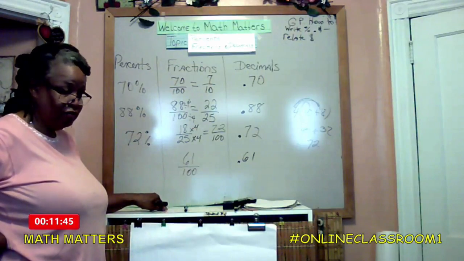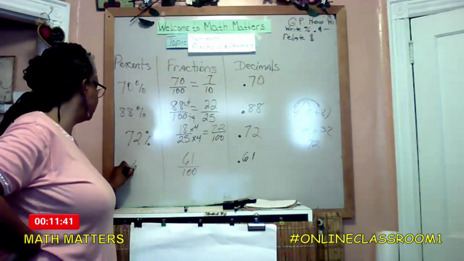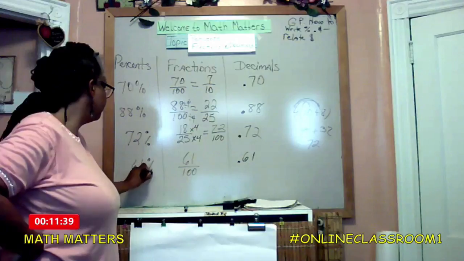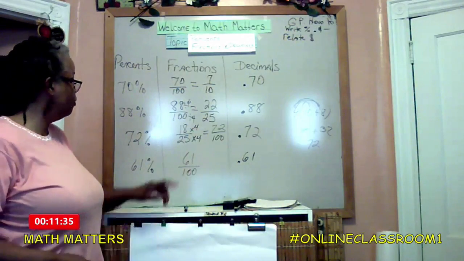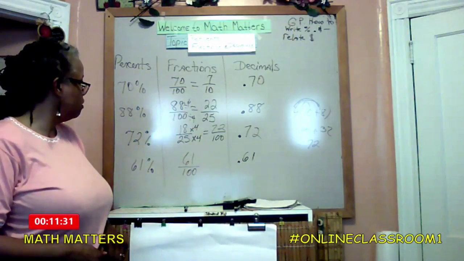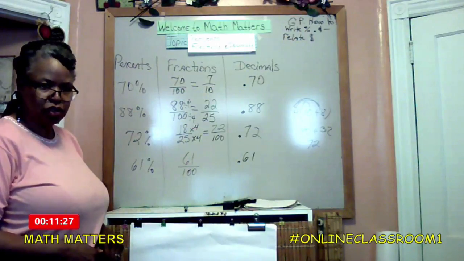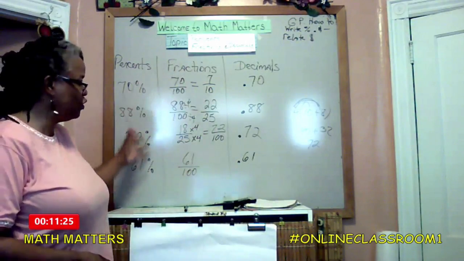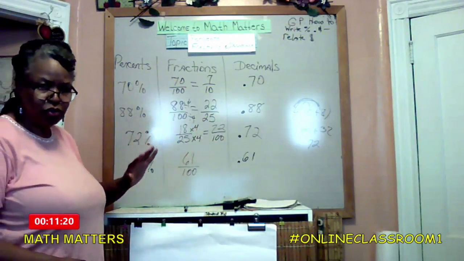I don't. And what percentage would that be? That will be 61%. If I'm wrong, please somebody correct me, but I don't see a common factor between 61 and 100. Any questions? This is a beautiful chart, flowing from one to the other.